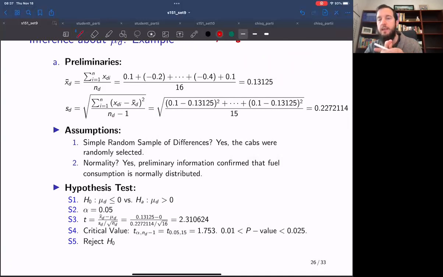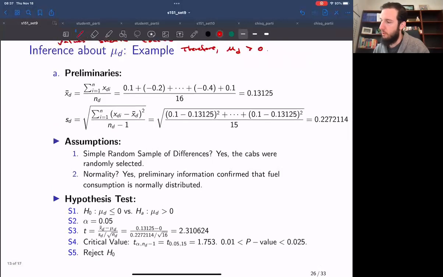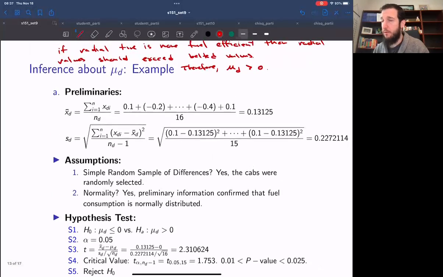x bar subscript D is the mean of the differences. So I'm illustrating how that would be calculated here. This is not meant to confuse anyone, but it's literally just adding the differences together and dividing by the number of differences. It's just the formula for the sample mean being applied directly to the differences, right?